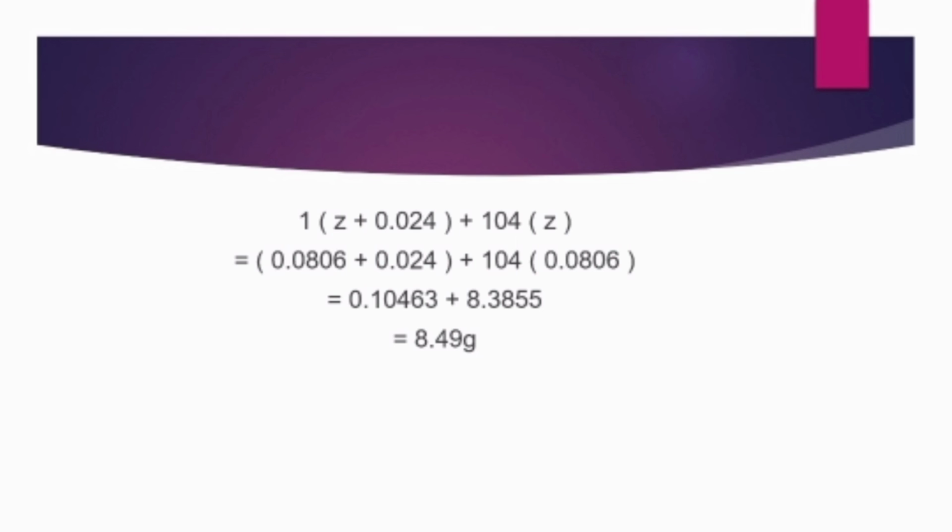After we put the value of Z in the equation, we can find the mass of Ina's notes. So 1 times 0.10463 plus 104 times 0.08063. So the mass of Ina's notes is 8.49 gram.